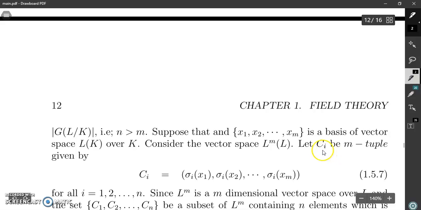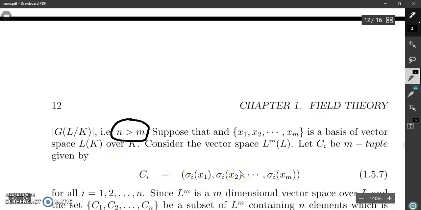Suppose that the ith element ci is the element given by (sigma i x1, sigma i x2, ..., sigma i xm), for all i equal to 1 to n. Note that here n is greater than m.